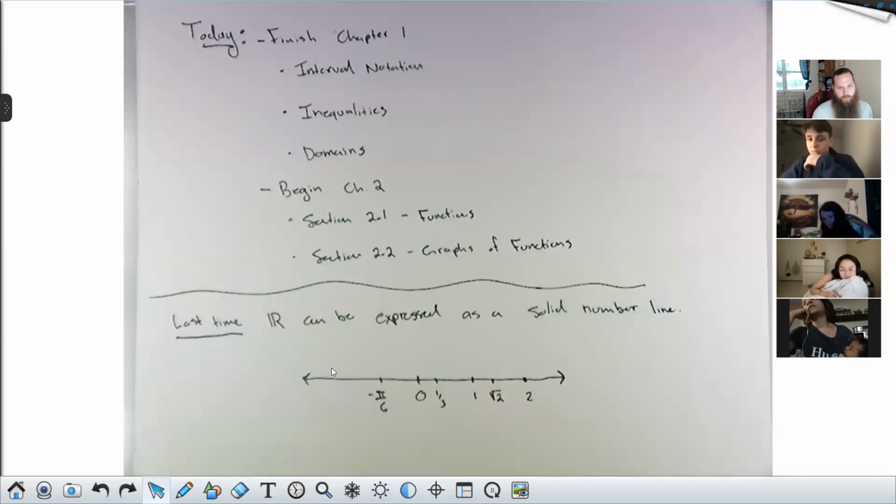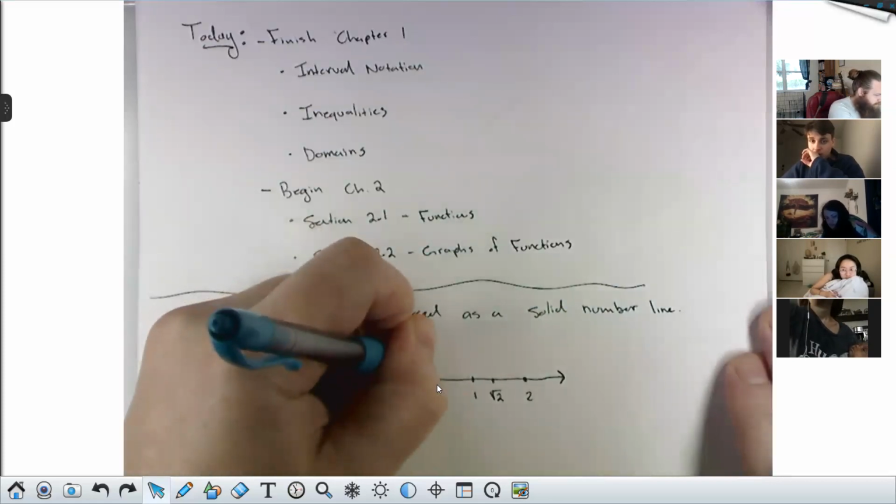So no matter where you look here, even if you had an infinitely sharp dart that you were to throw at this line, you're always going to hit a number. And between any two numbers, even between 0 and 1/3, there's infinitely many other real numbers in there. That was one of the main takeaways.